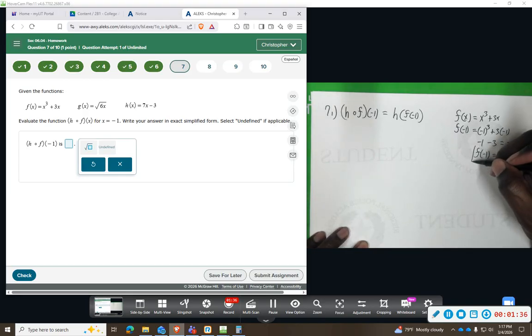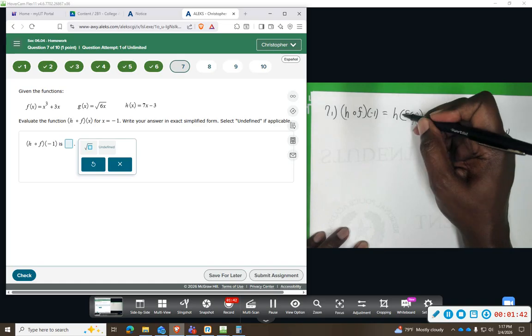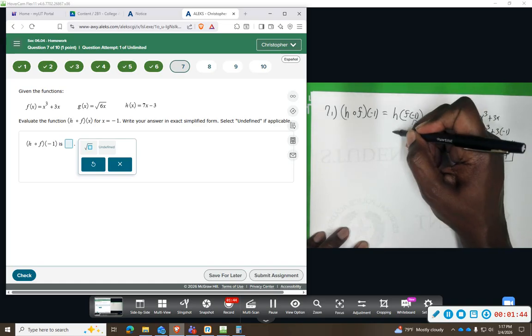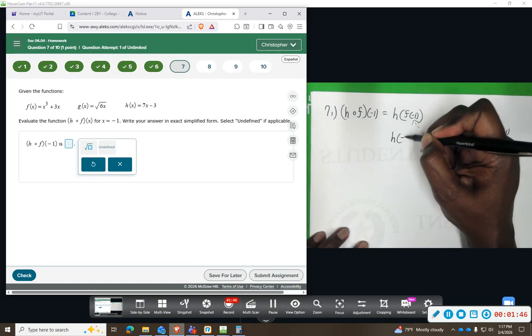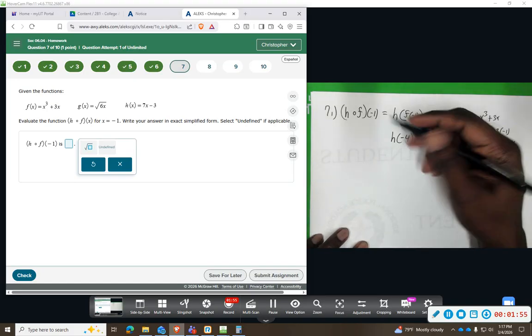We're going to take this value and plug it in right here. So now instead of h of f of -1, we're looking for h of -4. So now I'm going to go to the h equation, and I'm going to plug in -4. So the h equation is just 7x minus 3.